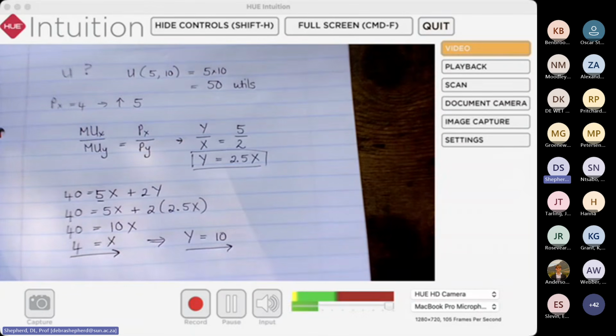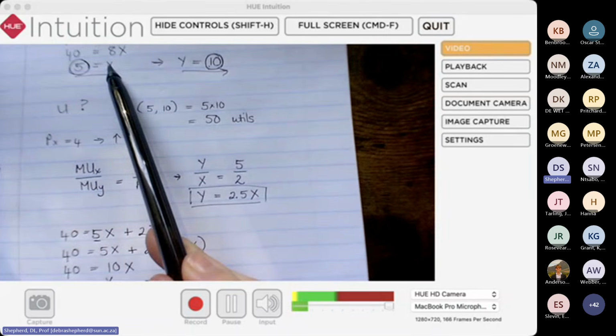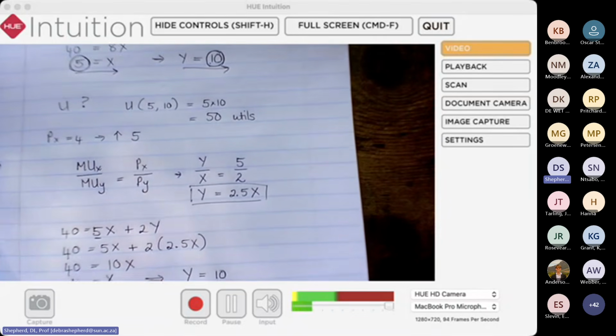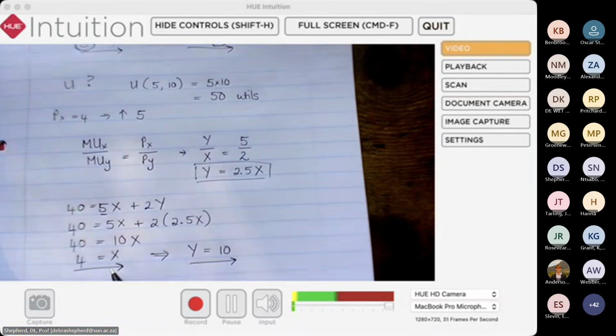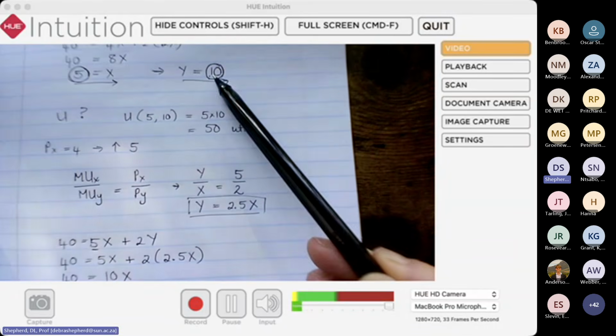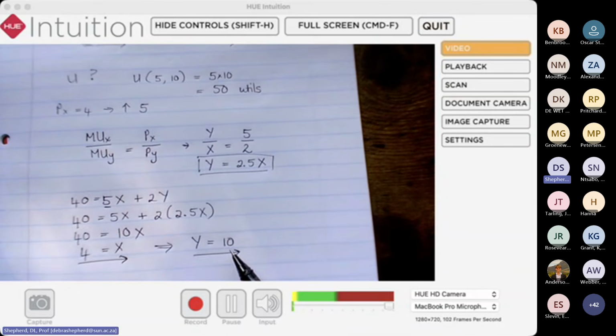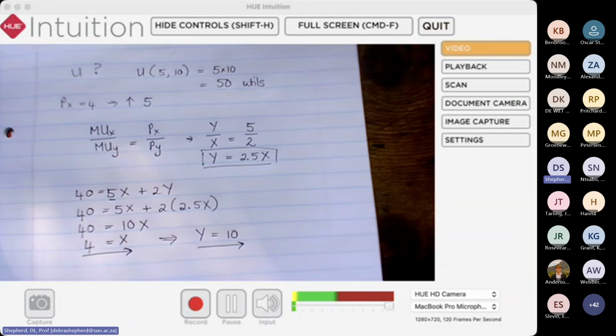So the result of this price increase in X is she consumes less X. She used to consume 5, now she only consumes 4, but she doesn't change her consumption of Y. Her consumption of Y is still 10.